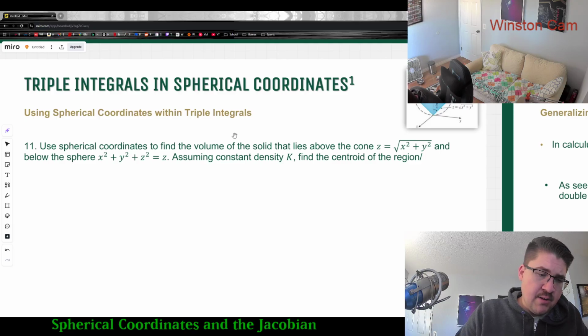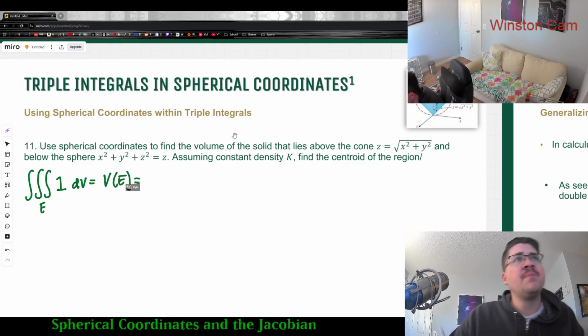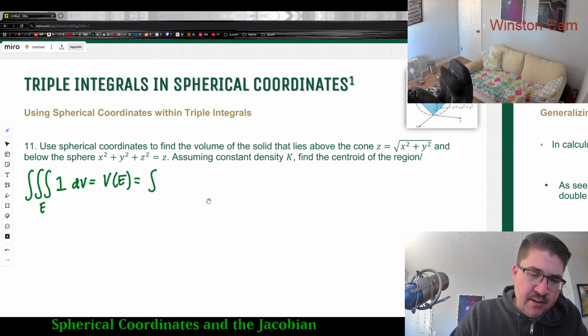Okay. So we'll have our triple integral across region E of 1 with respect to dV, because reminder that the volume of region E is always solvable by using the triple integral of 1. And all that being said, again, we can think about this integral in spherical coordinates.